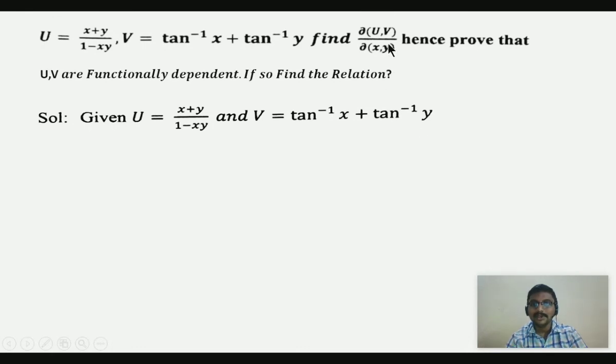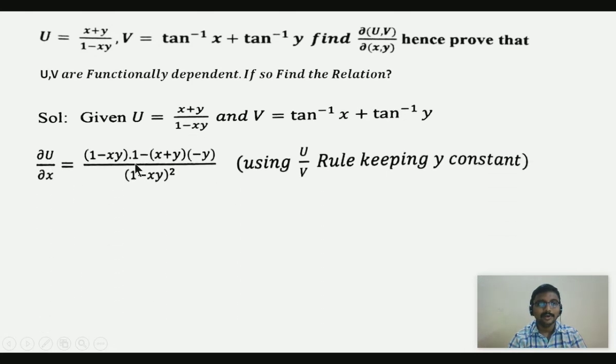To compute the Jacobian value, first we have to find the partial derivatives of u with respect to x and y. Now ∂u by ∂x is obtained by differentiating partially with respect to x using the u by v formula. So what is the u by v formula? (v u dash minus u v dash) whole by v square.